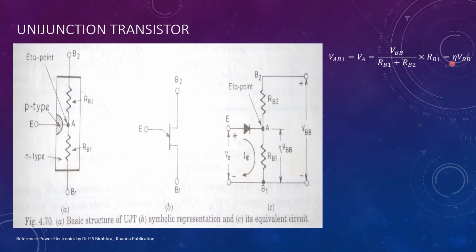Typical values of eta are 0.51 to 0.82. Interbase resistance RB1 plus RB2 is of the order of 5 to 10 kilo ohm. The emitter is nearer to base 2. Therefore, resistance RB2 is less than resistance RB1.